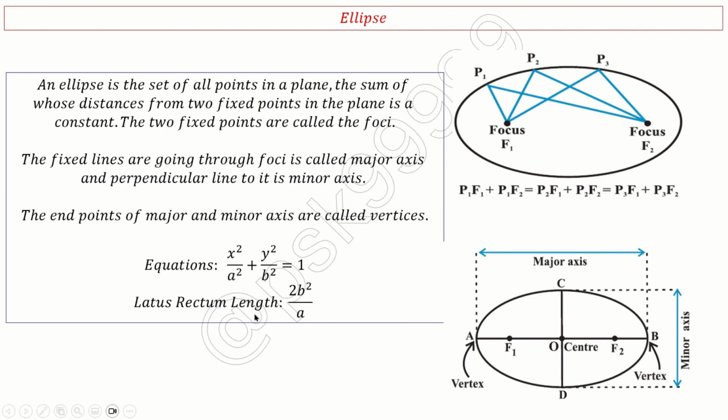The latus rectum of an ellipse is the same as we defined in the parabola: the line going through the focus and touching the ellipse points. This length is called the latus rectum, and its length is 2b square by a. So this is the information about the ellipse.